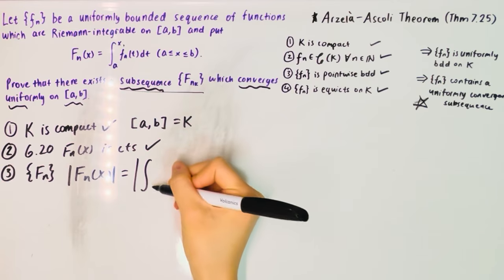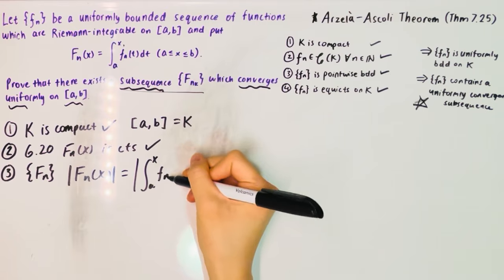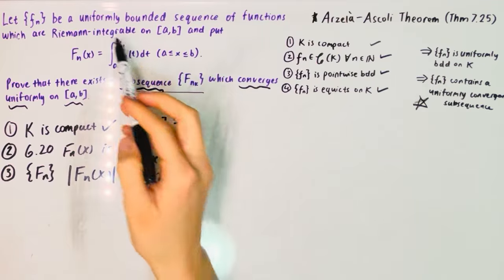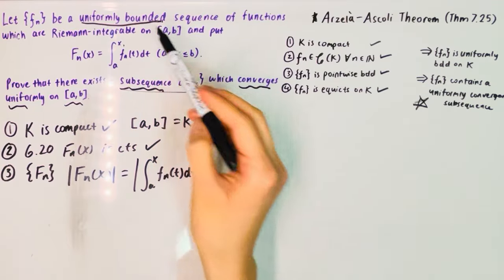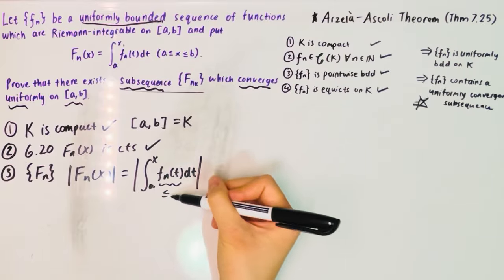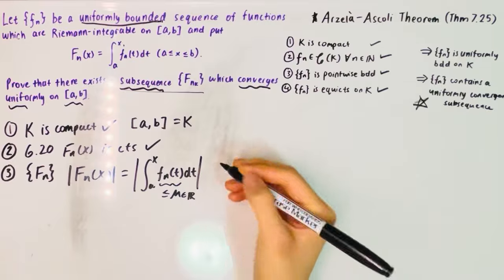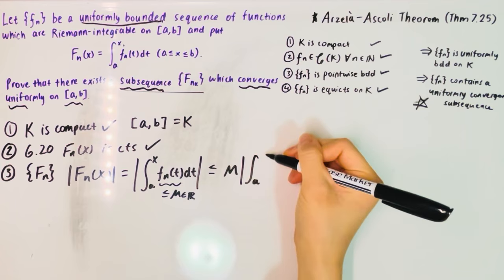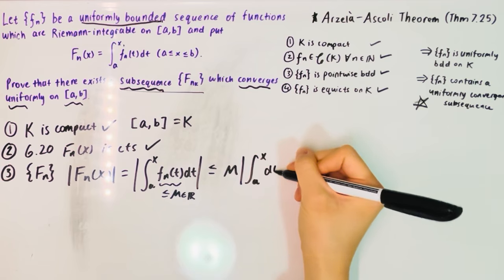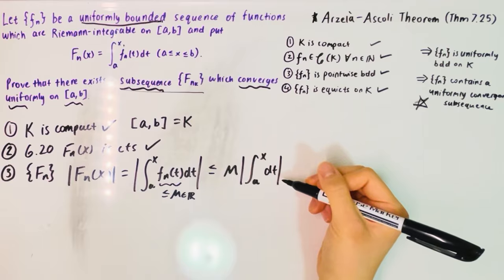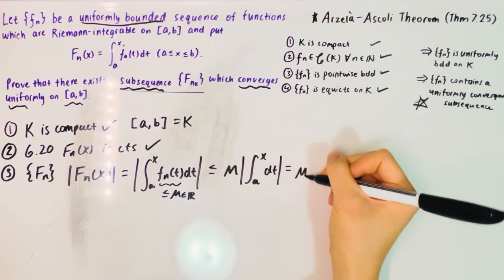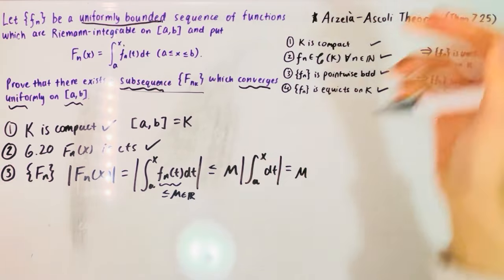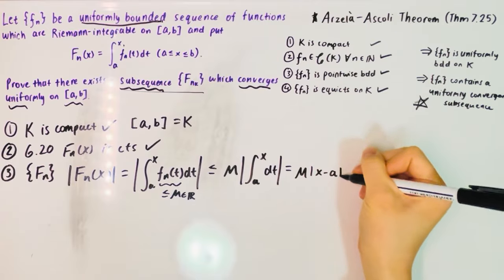Okay, so we know that |F_n(x)| is just going to be equal to the integral from a to x of f_n(t) dt. And notice that f_n is uniformly bounded, so this is always going to be smaller than or equal to some M in R. And thus we can take this M out. We can say that this is smaller than or equal to M times the integral from a to x of dt. And that's easy. That's just going to be x minus a, or I guess the absolute value of x minus a, because the integral could be negative if x is less than a.